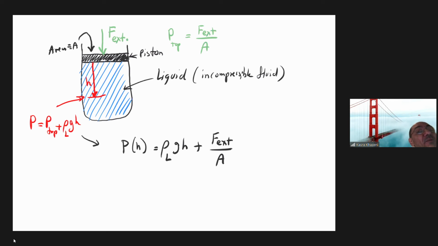Now, this force, this pressure at height h, you can see is a function of h. The pressure is a function of h, so it depends on where h is. But for a given h, the pressure will show up everywhere on that liquid at height h.